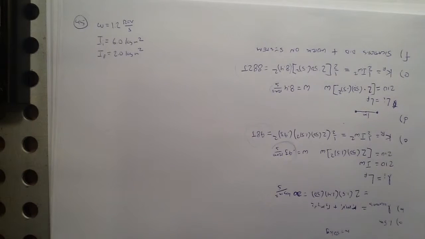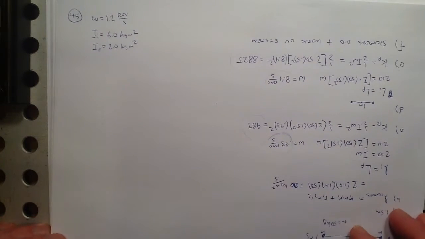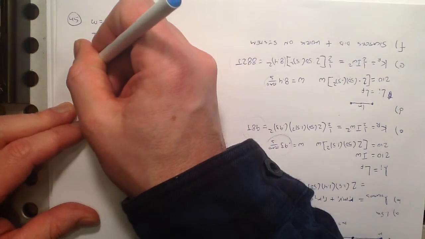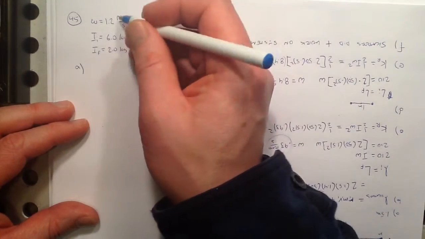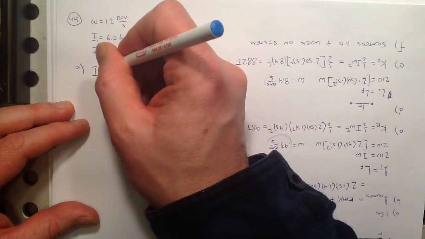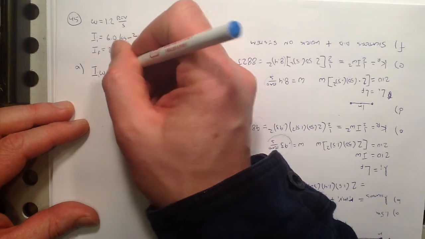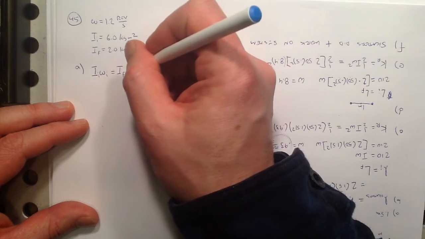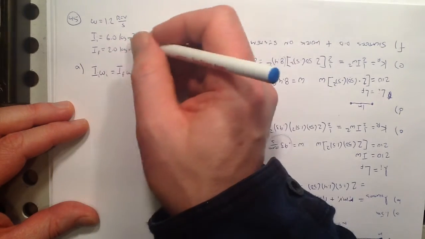So I think we know the answer to part C already, right? The man had to pull those bricks in, which is not easy to do when you're rotating. So part A, I omega before has to equal I omega after.